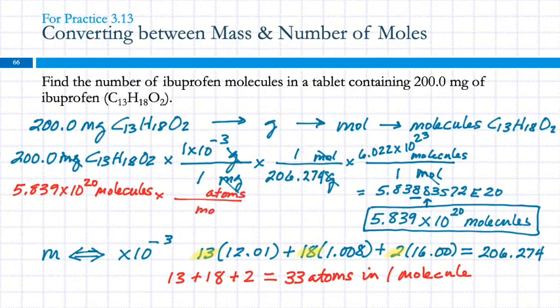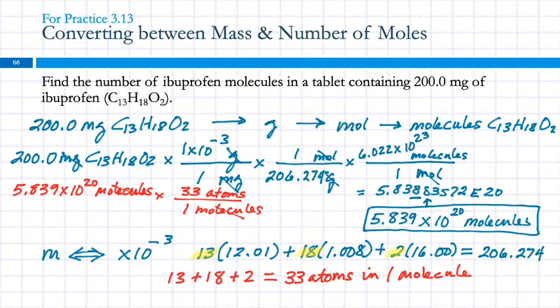And I'm going to divide by molecules to make the units work out, right? Then I look at this: there are 33 atoms in 1 molecule. So I put 33 atoms per 1 molecule. And I didn't have to think, should I multiply or should I divide? I let the units do the thinking for me. Once you get the hang of it, it's really a lot easier.